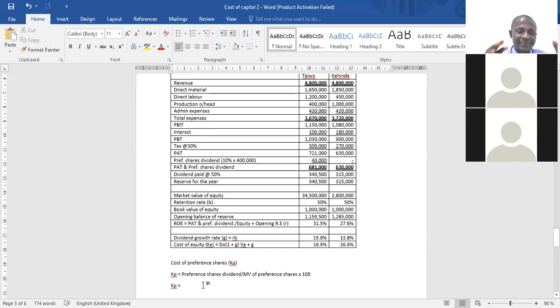So cost of preference shares. Our preference share has a coupon rate of 10% times the total nominal value of preference share, which is 400,000. I want to use the total instead of per unit, because whether per unit or per total, we still get the same thing. All over the market value, we assume is equal to the book value. So cost of preference share is 10% of 400,000, which is 40,000, over 400,000 times 100.